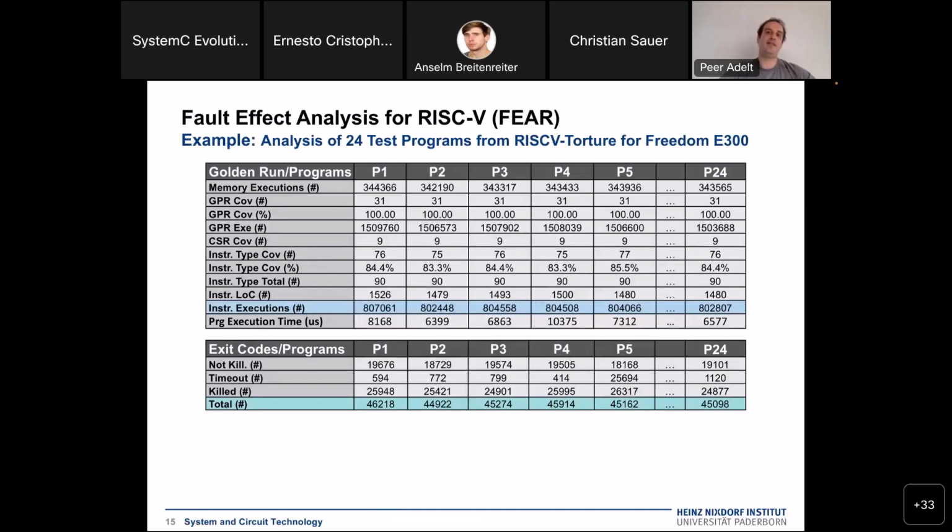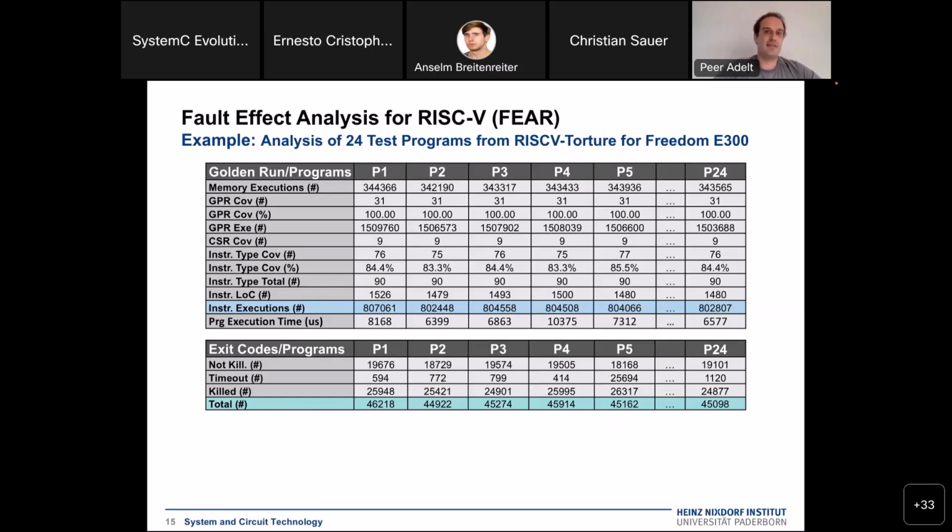And we apply this to a SiFive Freedom E300, which is an FPGA version of the SiFive Freedom E310, which is located on the HiFive board, which is quite popular. So I assume some of you might know it.